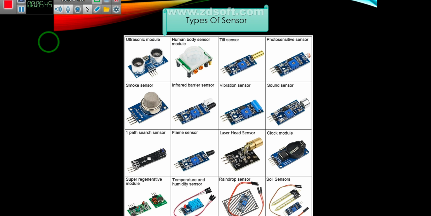We have the ultrasonic module, human body sensor module, tilt sensor, photosensitive sensor, smoke sensor, infrared barrier sensor, vibration sensor, sound sensor, flame sensor, laser head sensor, clock module, super regenerative module, temperature and humidity sensor, raindrop sensor, and the last is the salt sensor.